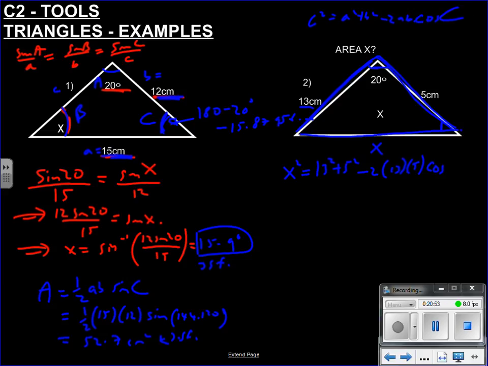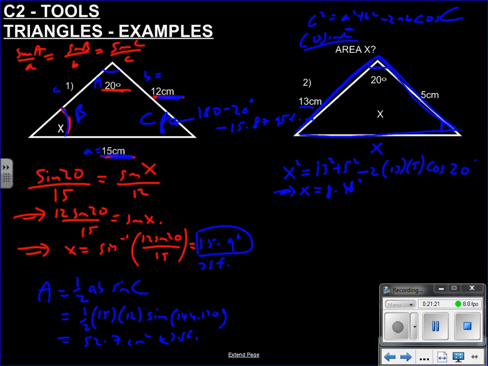It's the cosine rule, you muppet. Cosine. Okay, cool. So 13 squared plus 5 squared minus 2 times 13 times 5 times cos 20 degrees. So x is going to equal the square root of all that stuff.